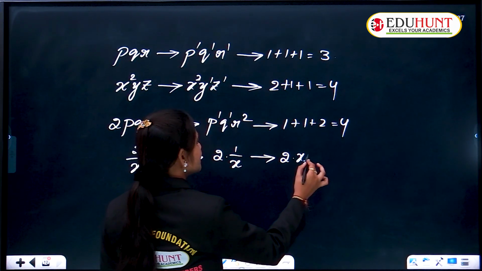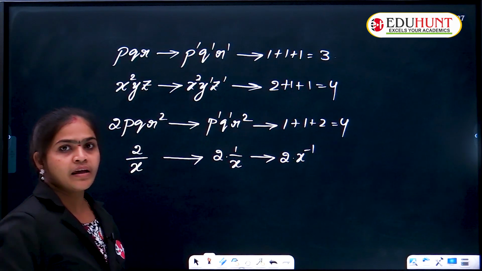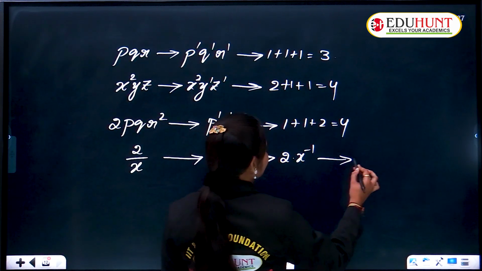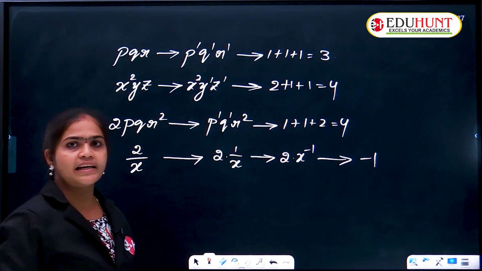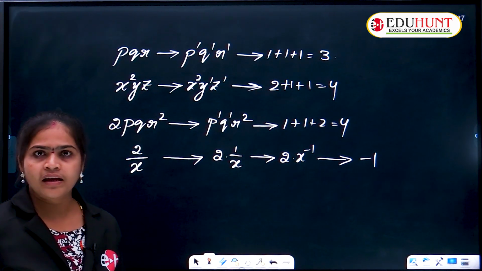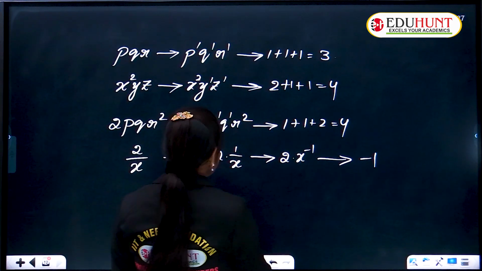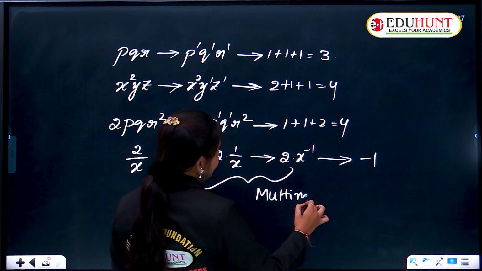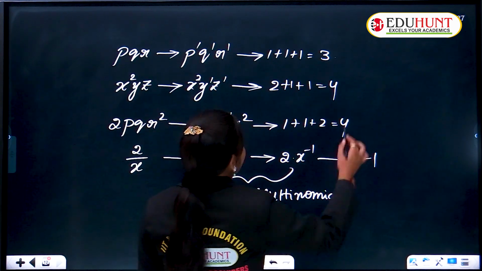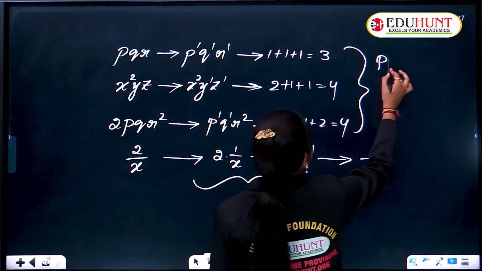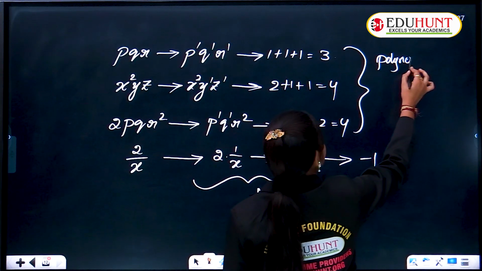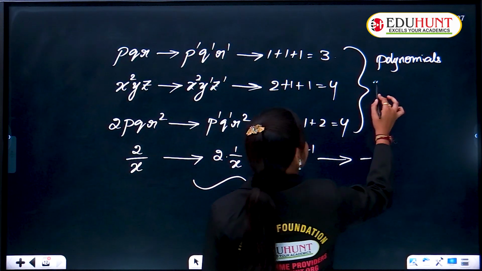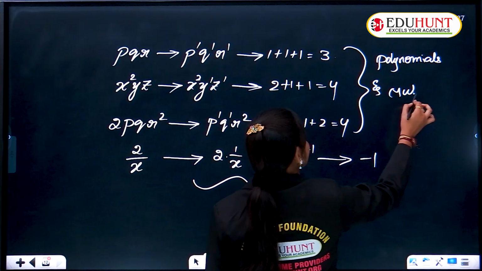We can write 1 by x as x power minus 1. Then what is the degree here? Degree is minus 1, so that is a negative power. That's why this one is considered a multinomial. And these all are polynomials and multinomials also.